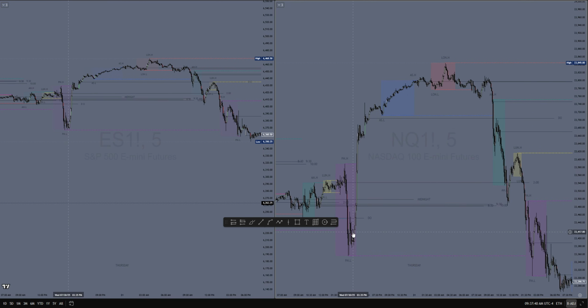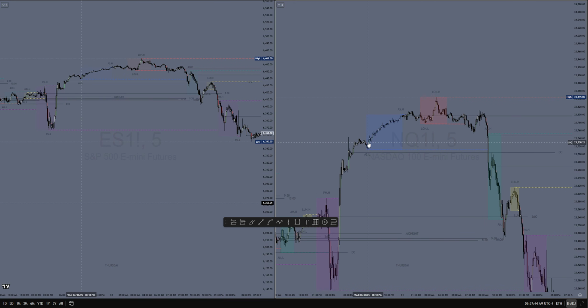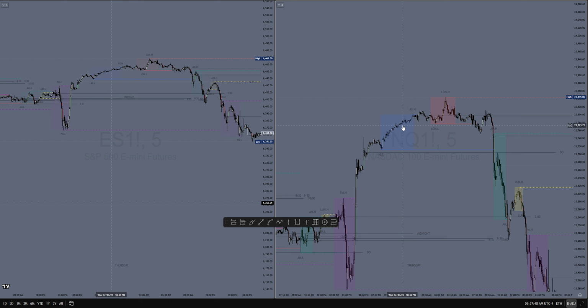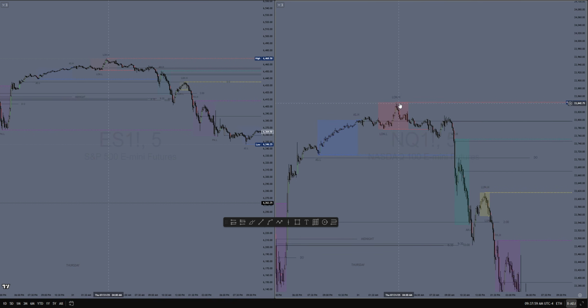So we had overnight news that caused us a huge run up. Asia was, in a way, our continuation. We had a huge spike up and a huge spike down. That's how you guys would see our manipulation. So right here, this would be our PO3.